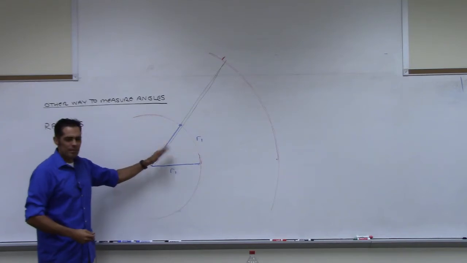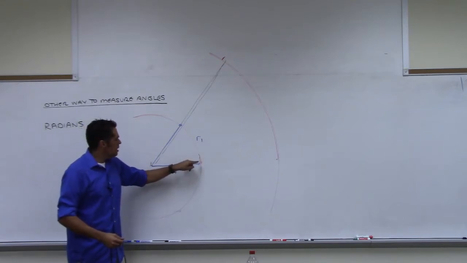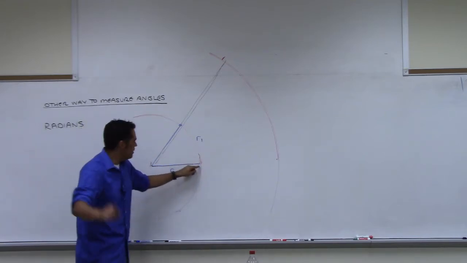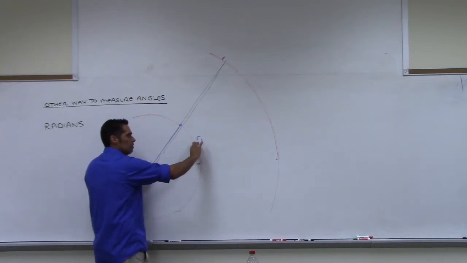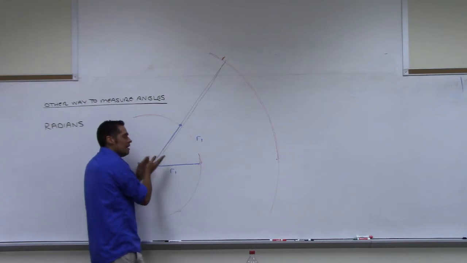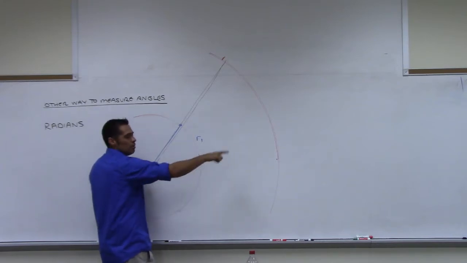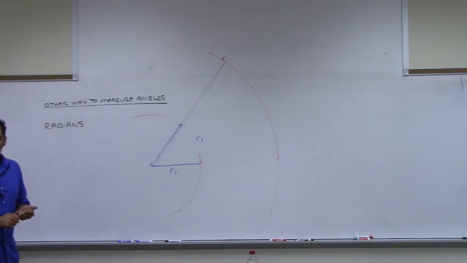So this angle is interesting, isn't it? If you go out a certain radius and then draw a circle and then march along that circle a distance equal to the radius, you form an angle, and that angle is always the same, no matter what your radius is. So since it's so special, why don't we call it something? How about we call it 1 radian?